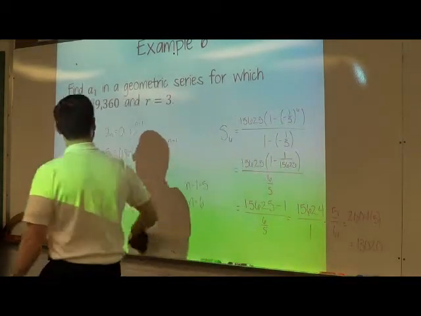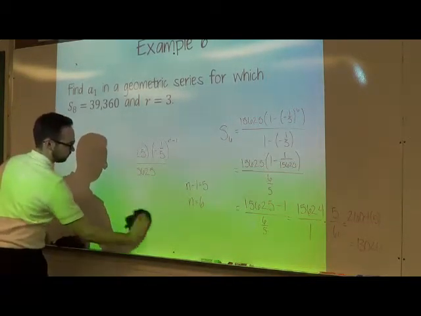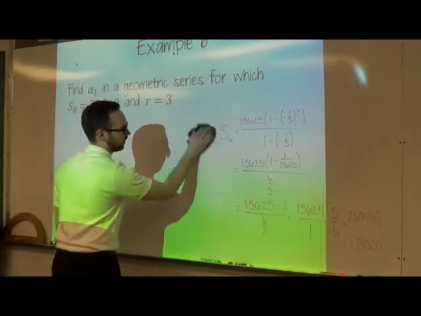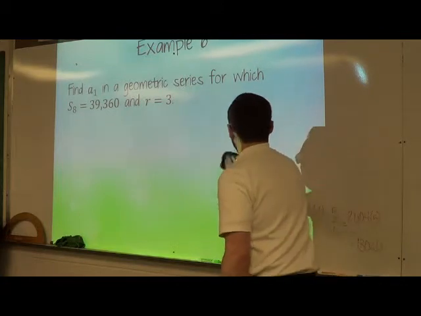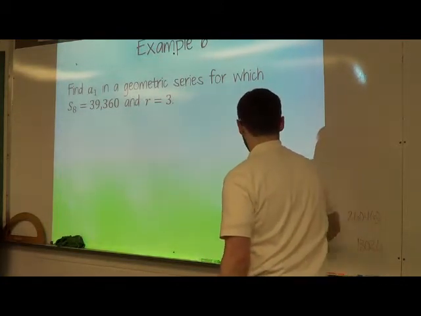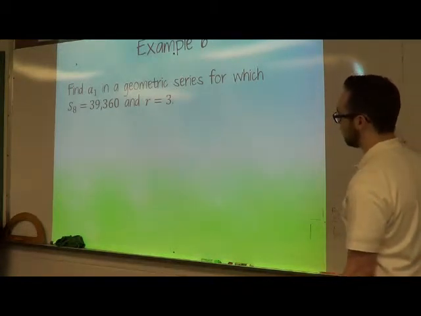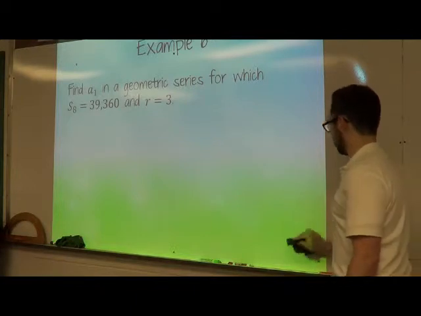The last question they have for us here is they want us to find a sub 1. So now we might be using a combination of these equations to find a sub 1. In geometric series, they give us the sum is 39,360, and then r is 3.